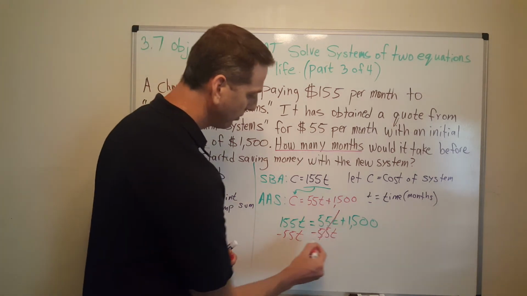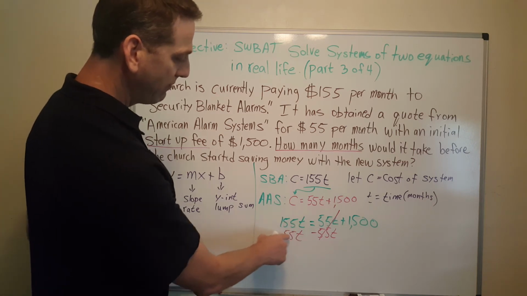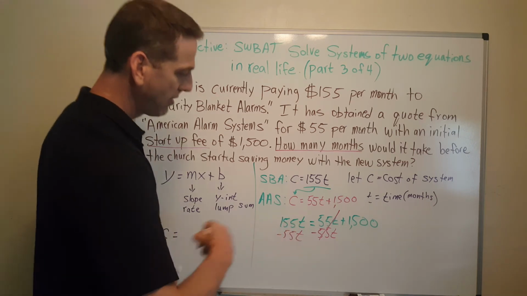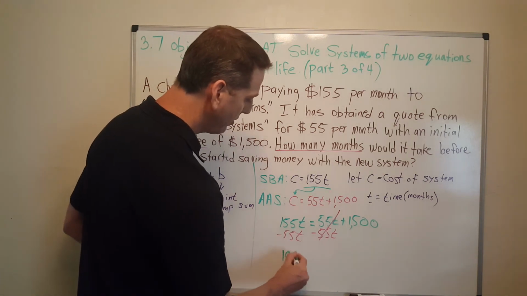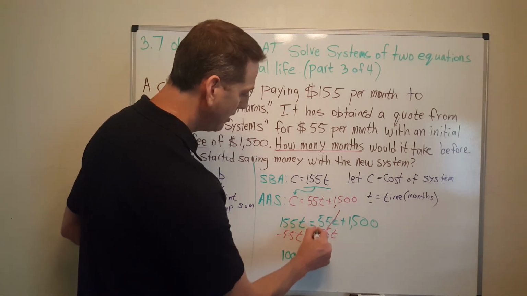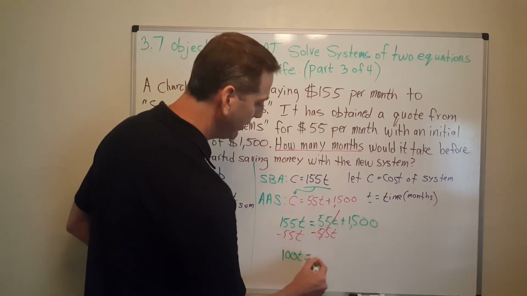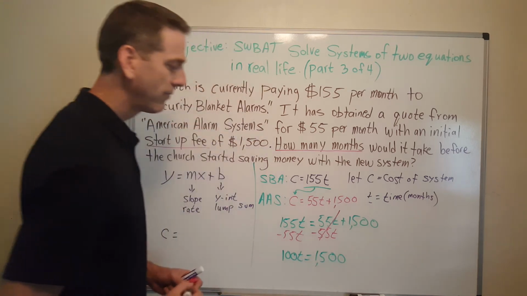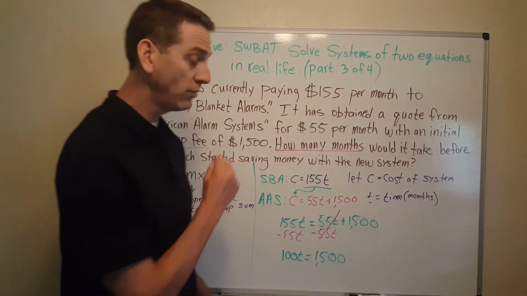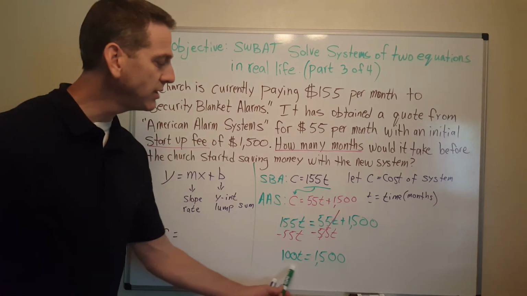Okay, and that's going to cancel on the right. And 155 minus 55 is what, 100? So you get 100T equals, that's gone, I'm just left with 1,500. 100T equals 1,500. All right, now this is multiplication.